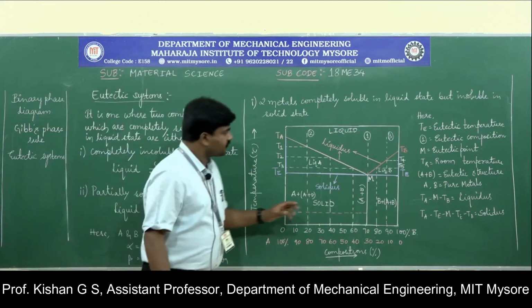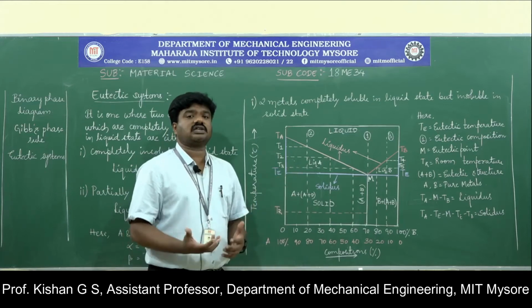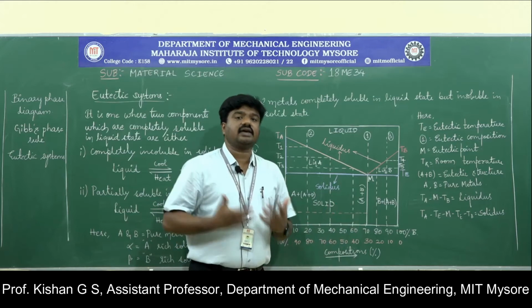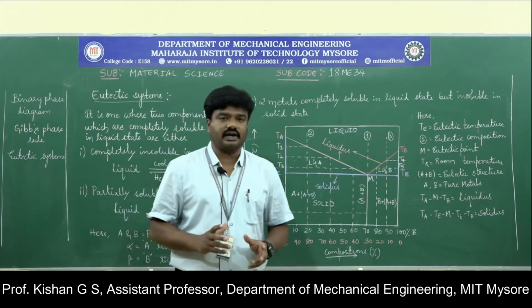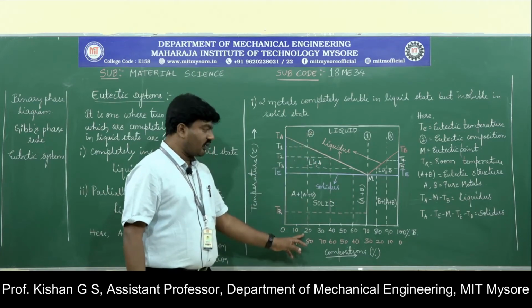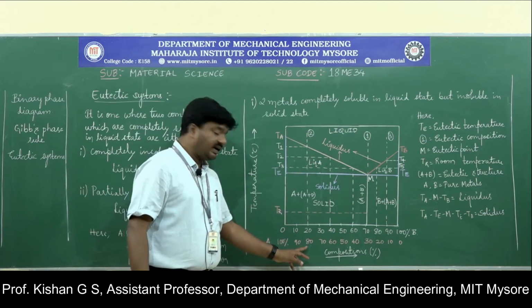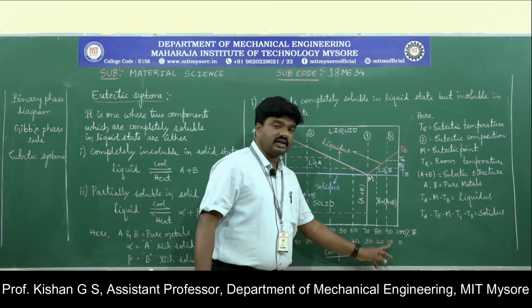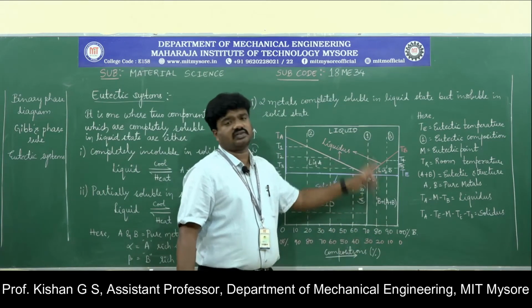For the purpose of understanding, along with the eutectic composition, we can take any combination. So we have taken composition 2 here, which represents 20% of B and 80% of A. Similarly, 90% of B and 10% of A is considered as the third composition.